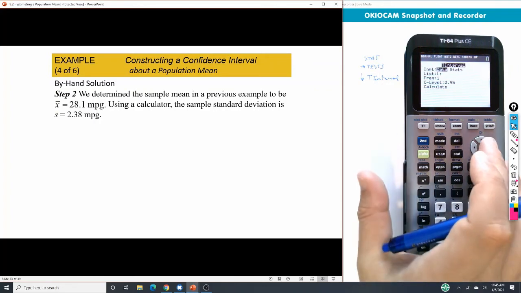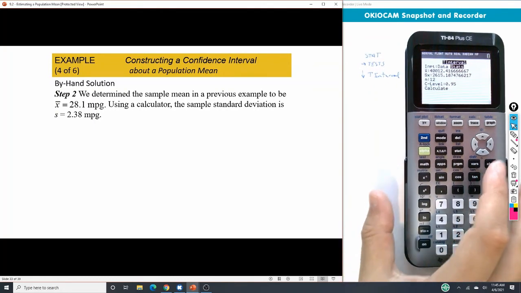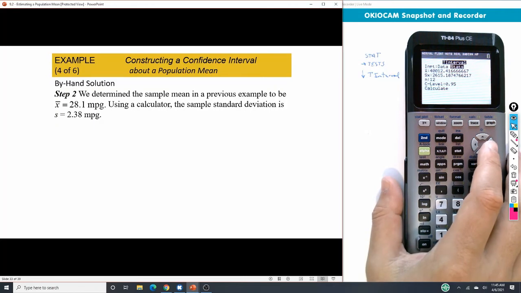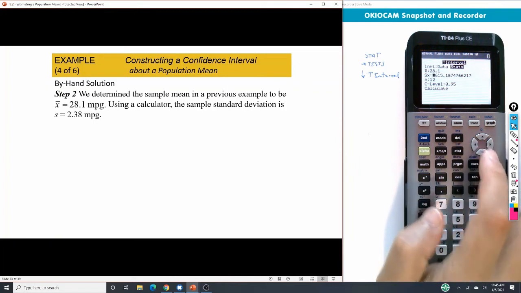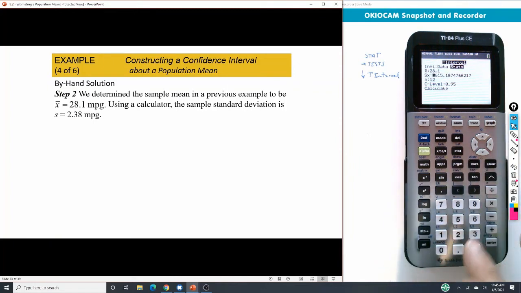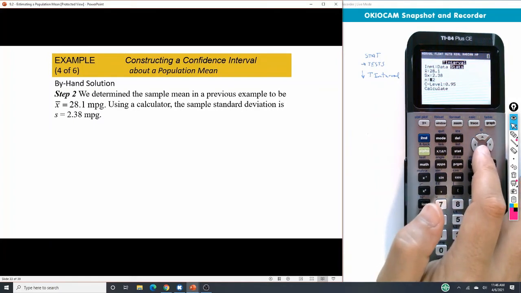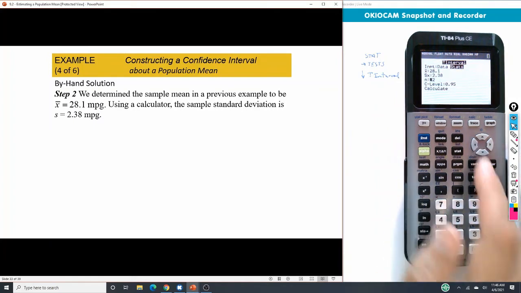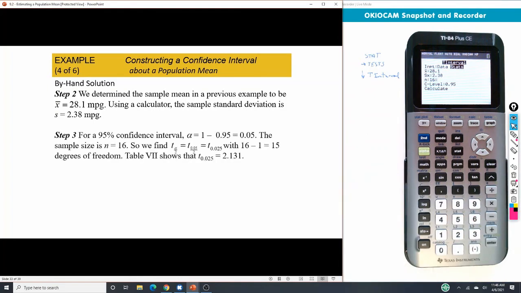Now this time, because they've given me X bar and S, I can put those in, okay? So X bar here, so I've gone over to stats and selected enter. Now, X bar, they're saying is 28.1. S is 2.38. And then we had, I believe, 16, they said. Okay, so let's check there.